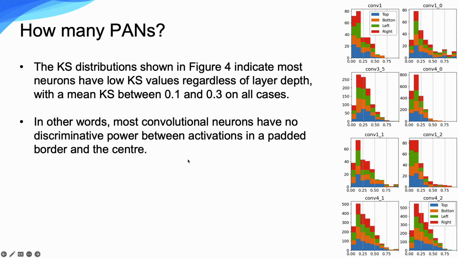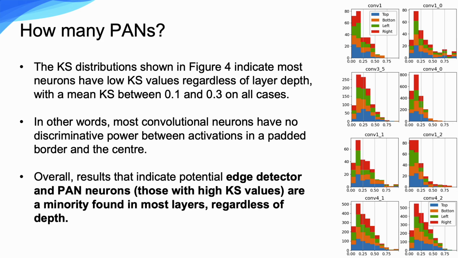In other words, most convolutional neurons have no discriminative power between activation in the pad border and the center. Overall, the results indicate that potential edge detectors and pen neurons are a minority found in most layers, regardless of depth.